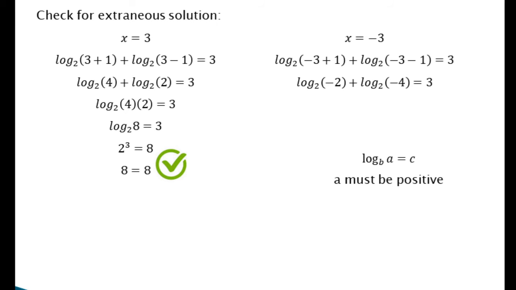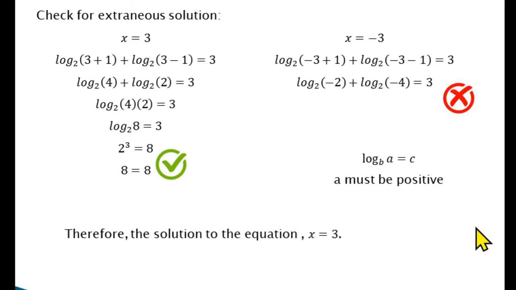Because the a part is negative, x equals negative 3 is an extraneous solution, or it cannot solve your logarithmic equation. Therefore, the solution to our equation is only x equals 3.